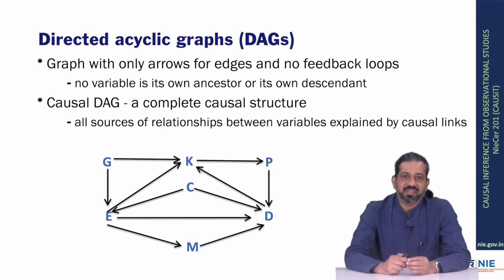Based on the direction of the arrows between the various variables, we can say that E leads to D, E leads to M, and M leads to D, E leads to K, and D also leads to K, C causes E, and C also causes D, G causes E, and G also causes K, K causes P, and P causes D.